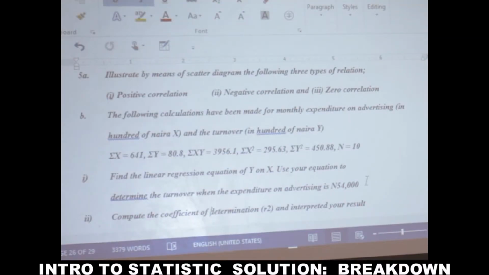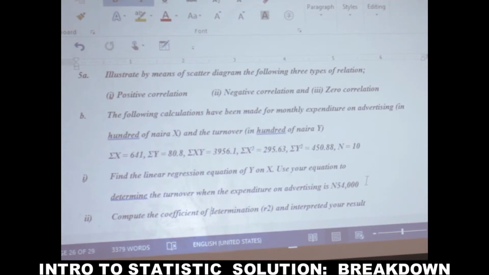Now illustrate by means of scatter diagram the following three types of relation: positive correlation, negative correlation, and zero correlation.